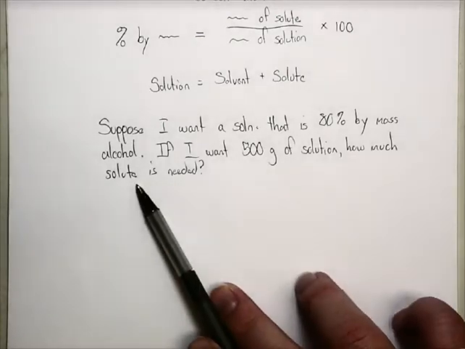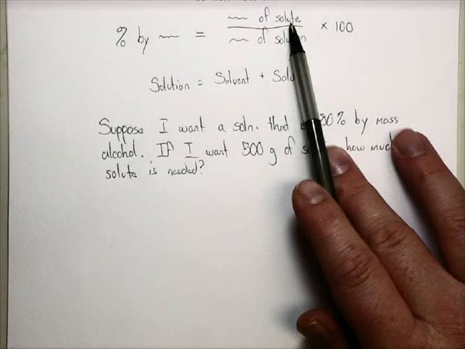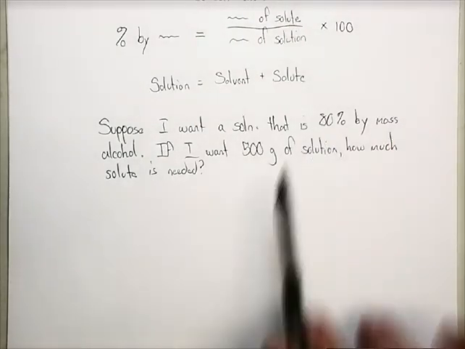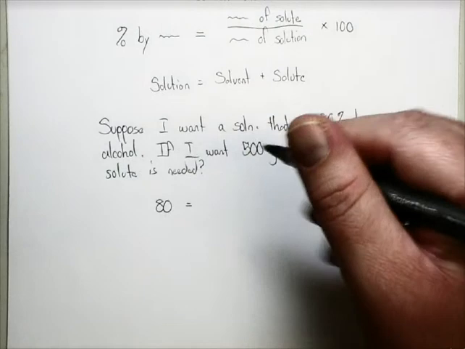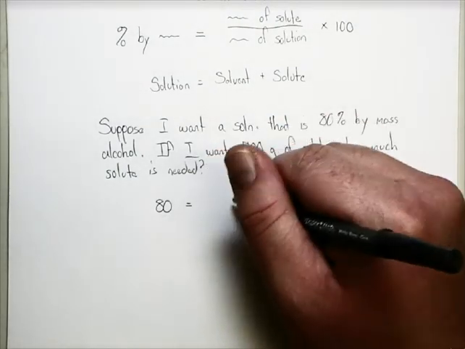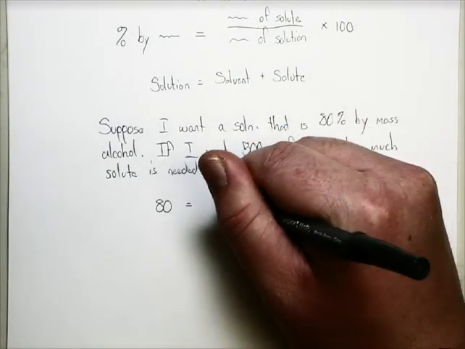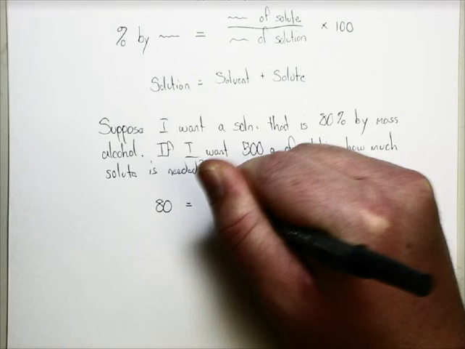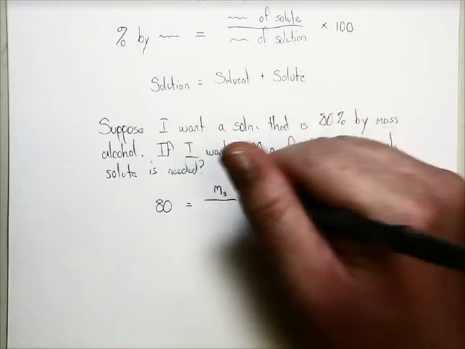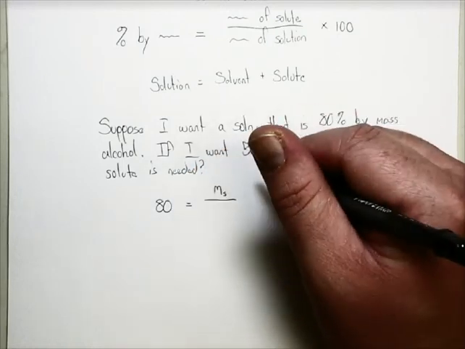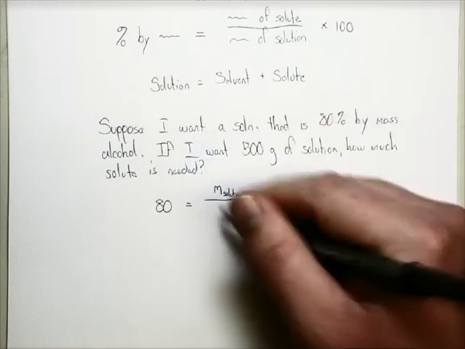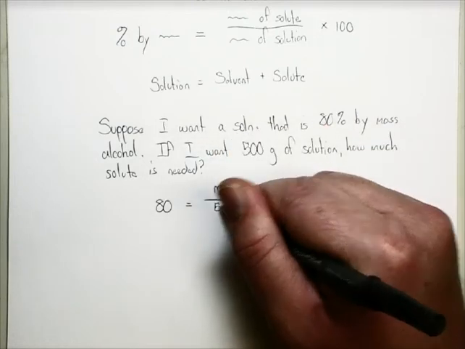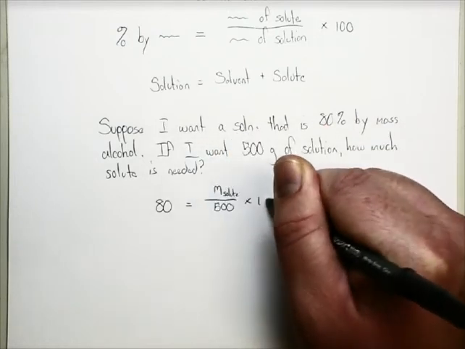I want how much solute we have, and I know the percent by mass, so I can say that 80 is equal to whatever my mass of solute is, and I'll write M sub S. We've got lots of S's in here, so I'll just finish that out. Solute divided by the mass of the solution times 100.